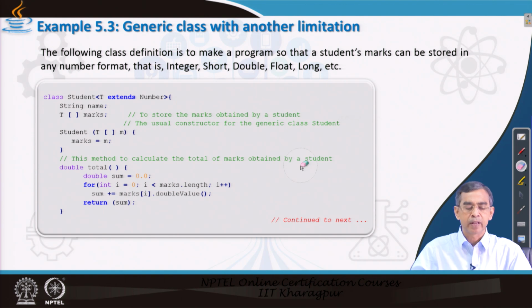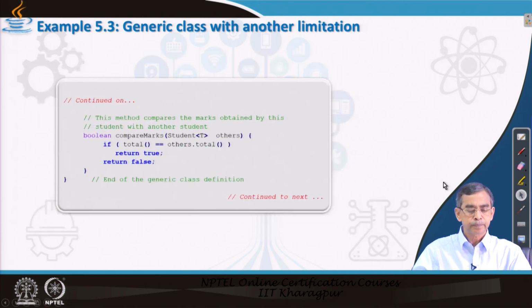Now, let us see this generic class definition used in your main program. The driver class looks like this. Okay, so this is another method. I should say another method also belongs to this class. This method is compare. It basically compares one collection with others, or we can say it compares the total returned by one collection with the other collection.